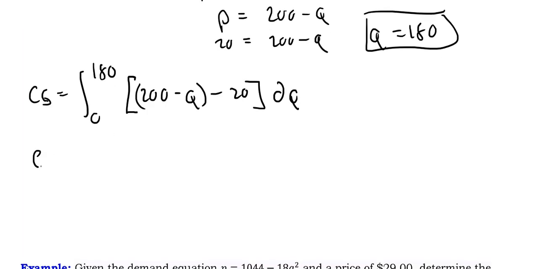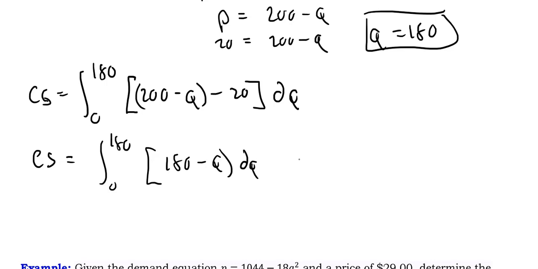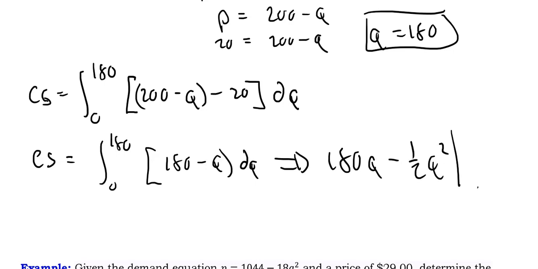So consumer surplus is the integral from 0 to 180 of 200 minus 20, which is 180, minus Q, dQ. And so integrating that, we have 180Q minus 1/2 Q squared evaluated from 0 to 180.